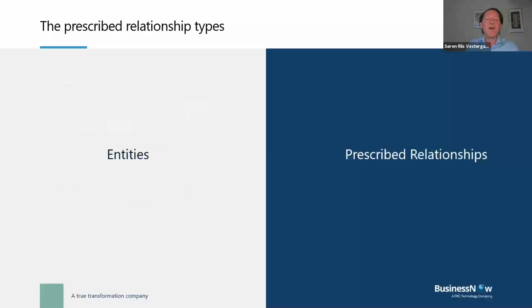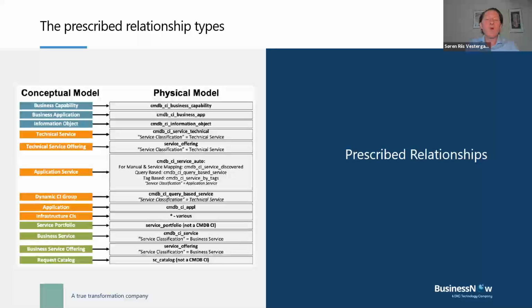Okay. Therefore, the prescribed relationship types are what we should use as a guideline, or even as a rule book in registering data in ServiceNow. So we have all this. This is wonderful about the CSDM. We have the conceptual model, the entities, the relationships on the far left.